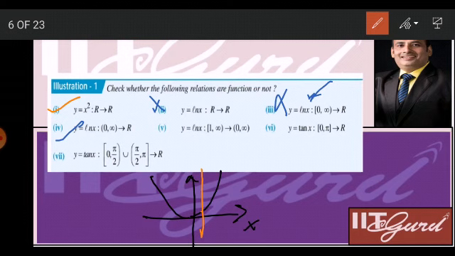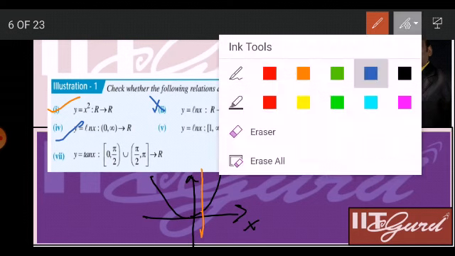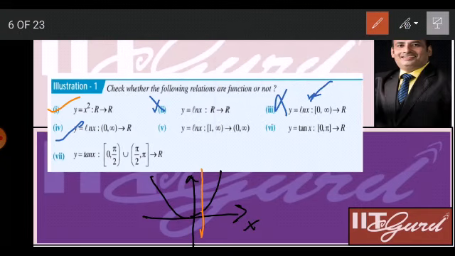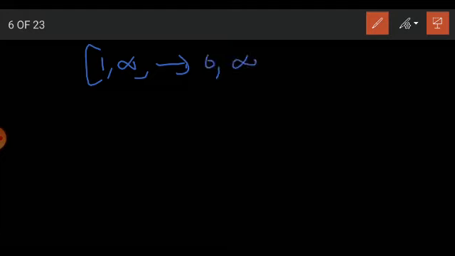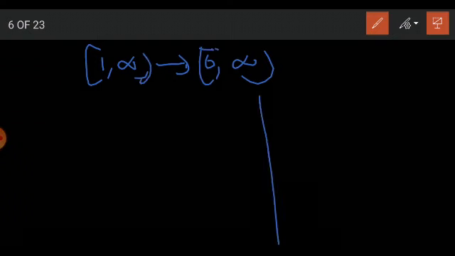Y equal to ln x, 1 to infinity to 0 to infinity. Let's see, 1 to infinity to 0 to infinity. What do we say here? Perhaps it is a closed interval. This is y equal to ln x.